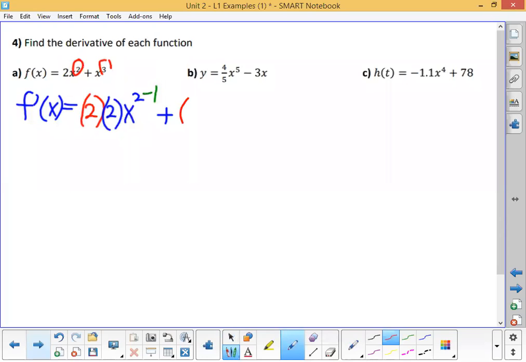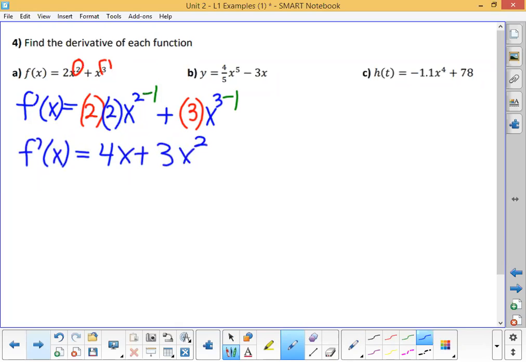So I'm going to bring the 3 down. I have my x cubed that I have to subtract 1 from. So that means that f prime of x is equal to 4x plus 3x squared.